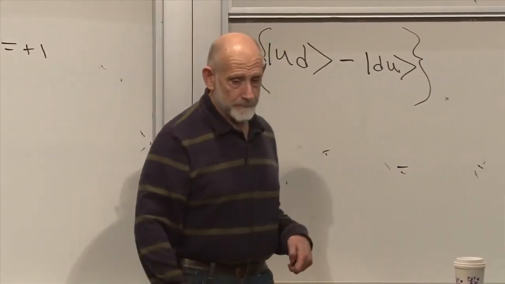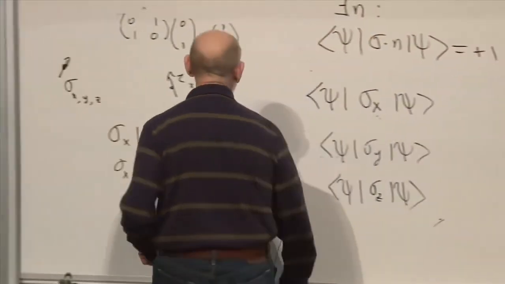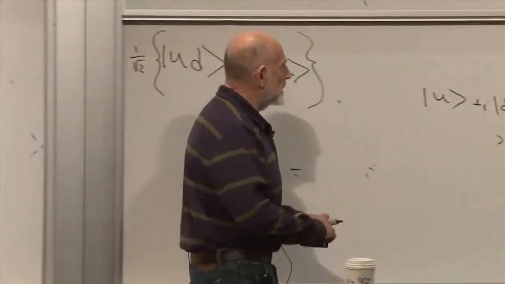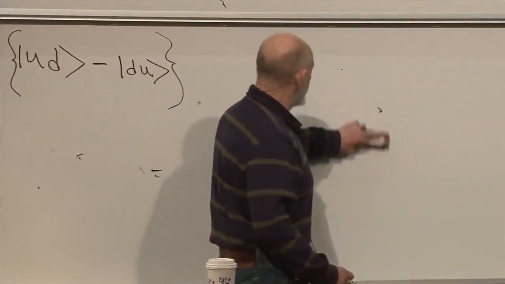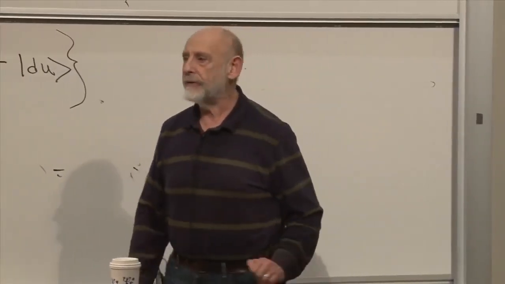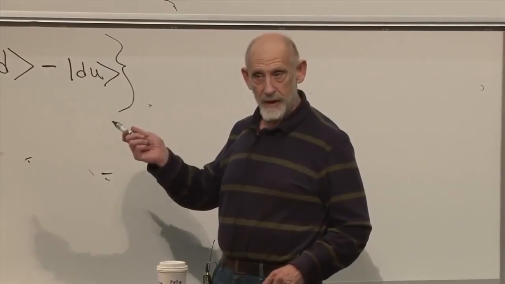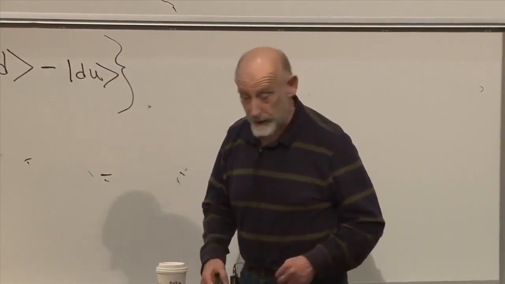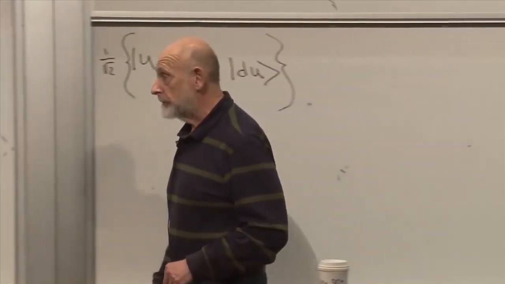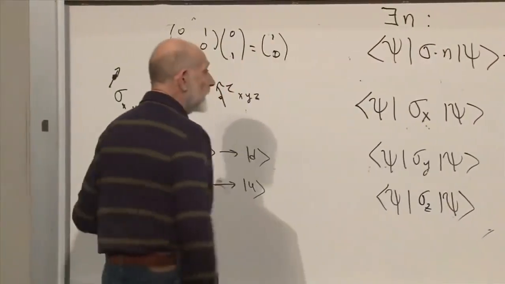What about this state now? Let's take sigma and ask whether any of the components of sigma have a non-zero expectation value in this state. I'll tell you the answer right now: we're going to show that all three components of sigma have zero expectation value in this state.